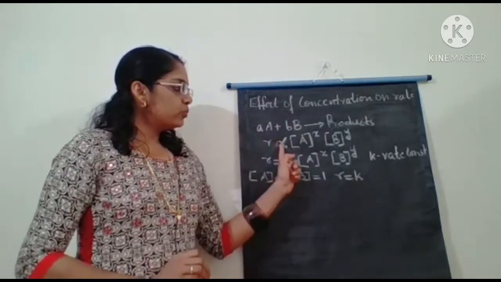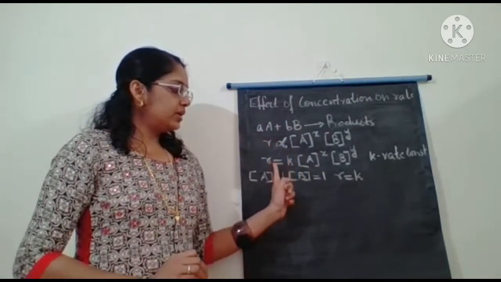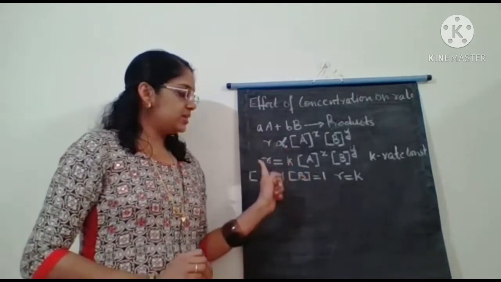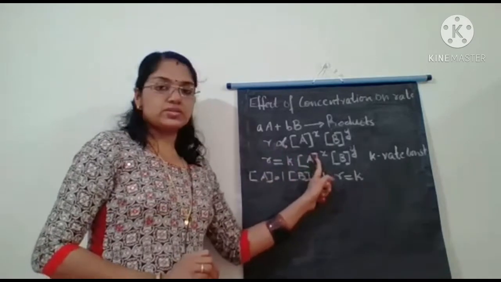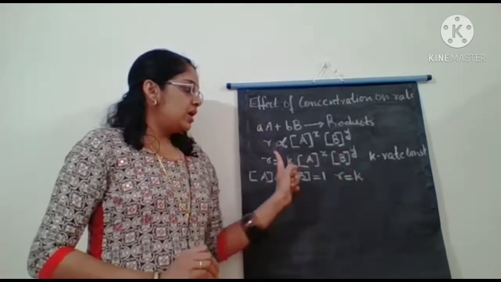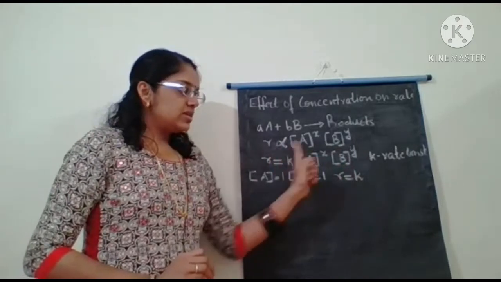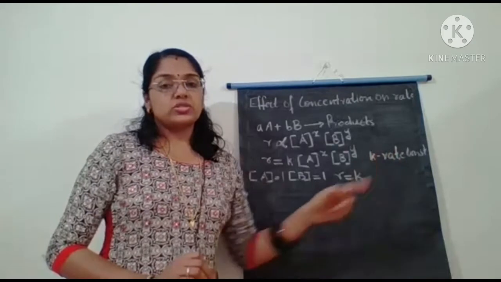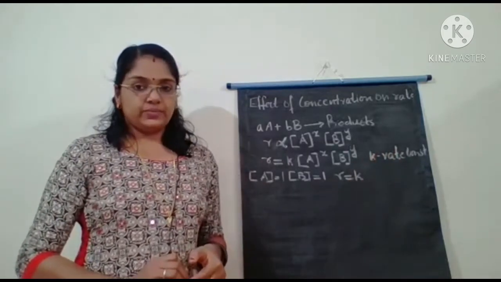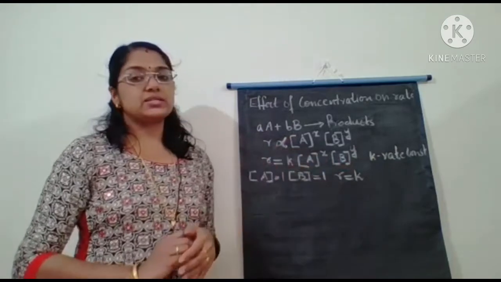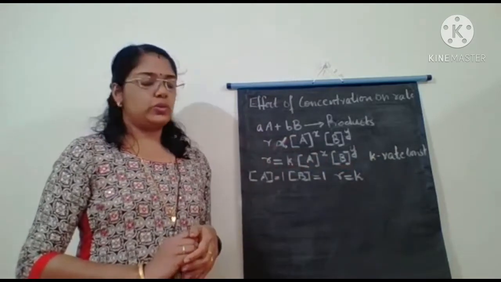So this proportionality can be converted into mathematical form by multiplying by a constant. That is, rate is equal to k into concentration of A raised to x into concentration of B raised to y. This k is a constant, known as the rate constant or specific reaction rate, and this equation is termed the rate law or rate equation.